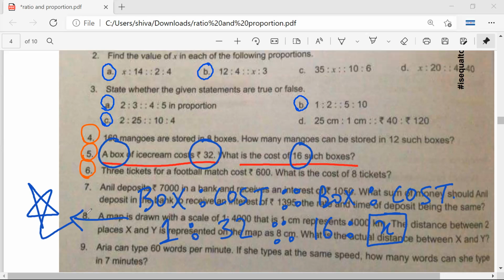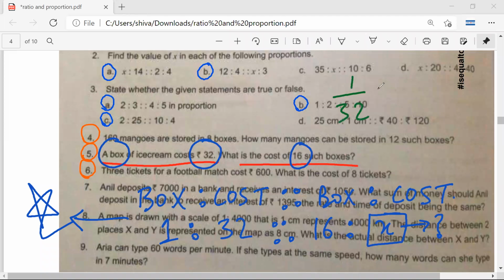Mr. Satya, have you understood or are you confused? Sir, understood. Okay, can you find the value of x now? Yes, sir. So note this down and find the value of x. Okay, Mr. Satya, how should I do this?